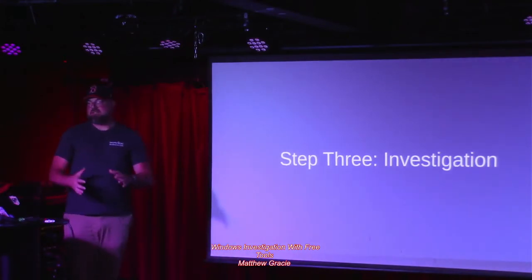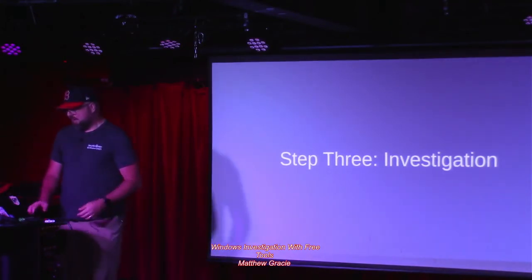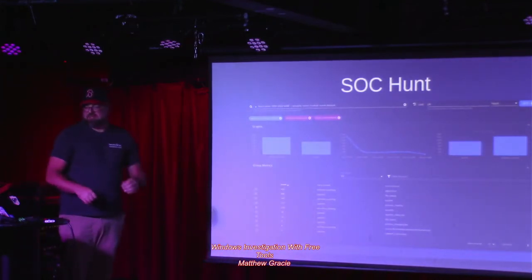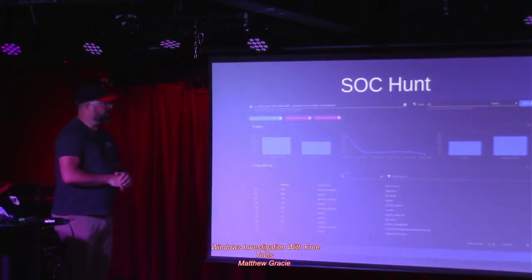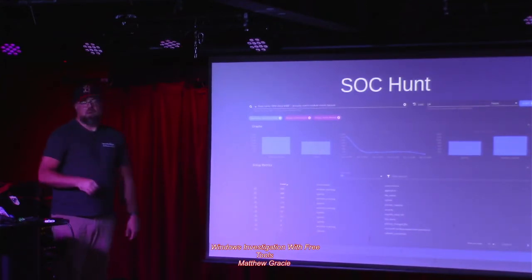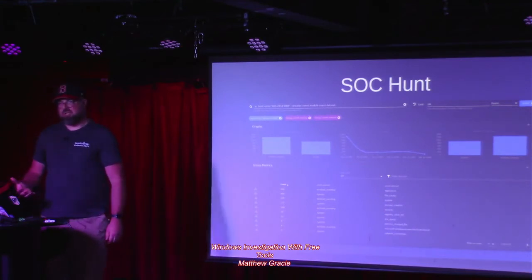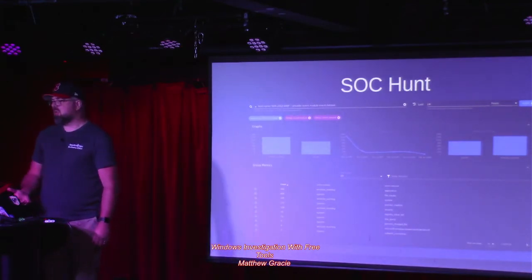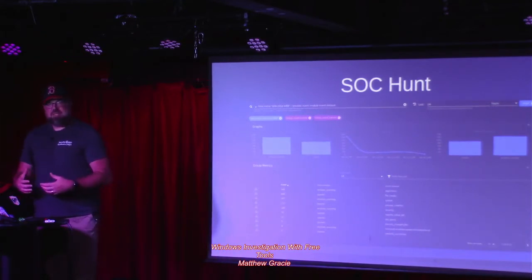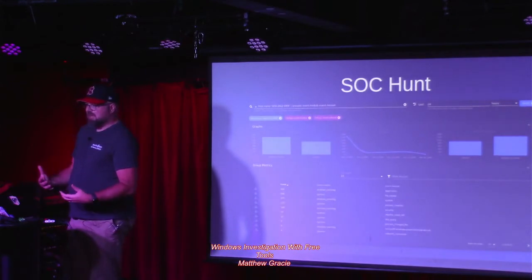All right, and then step 3, investigation, right? So this is a very generic view of what our hunting interface looks like in Security Onion, called Security Onion Console Hunt. This uses the same Elasticsearch backend that you can also access with Kibana, right?